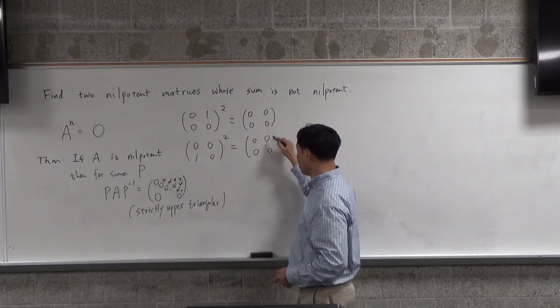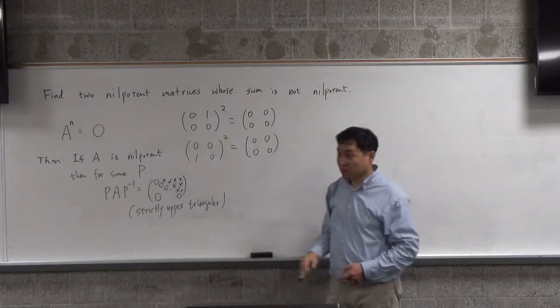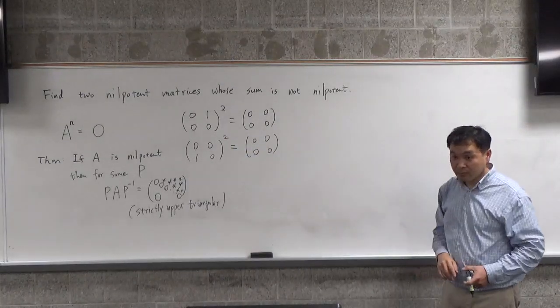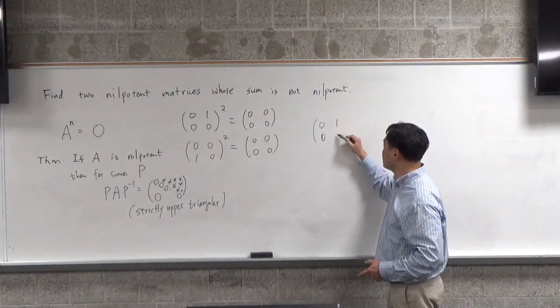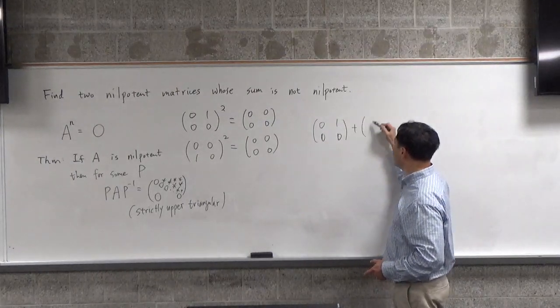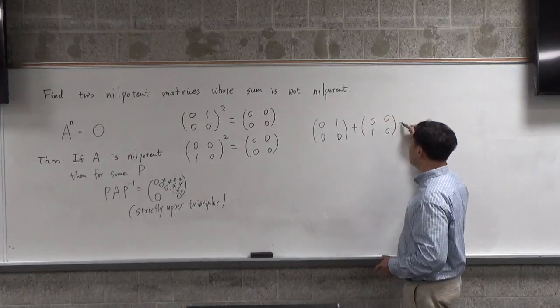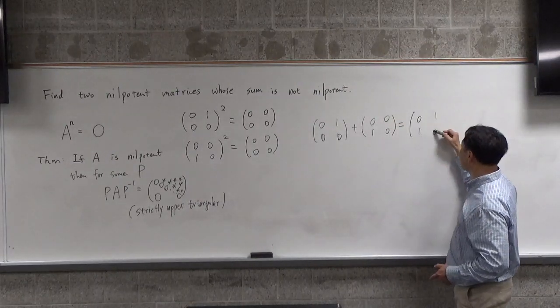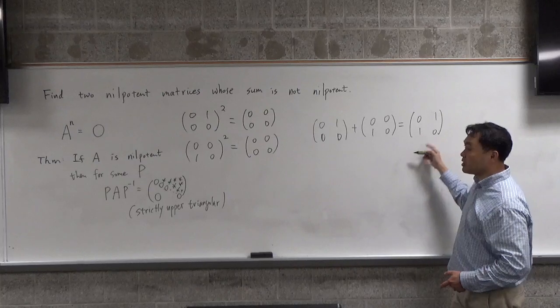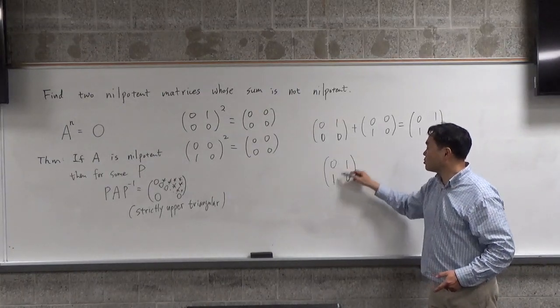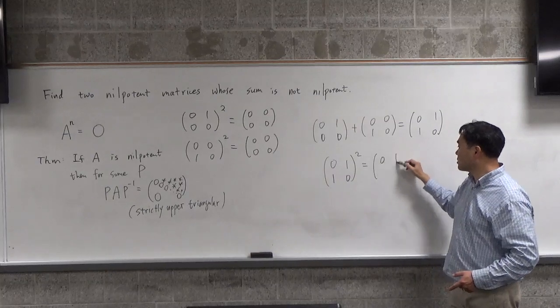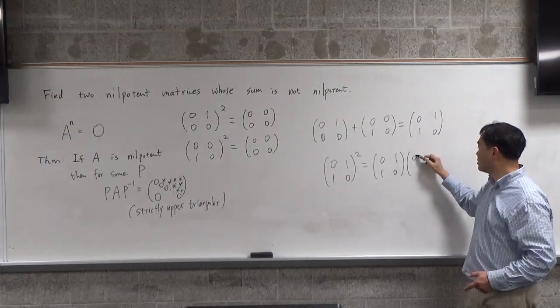So these are both nilpotent matrices. But what if you add the two? You get 0, 1, 1, 0, right? So take this matrix and let's try to square this. Well, let's do the computation.